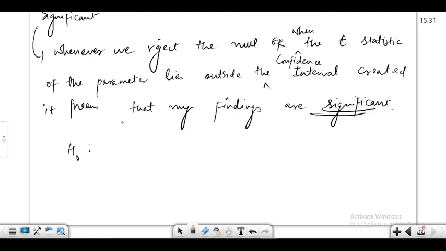But if whatever hypothesis you believe in is being rejected by your findings, by empirical analysis, it means that your findings are significant. And that is why if you reject the null, it means that you have a significant finding here. So that is the idea of significance and non-significance.